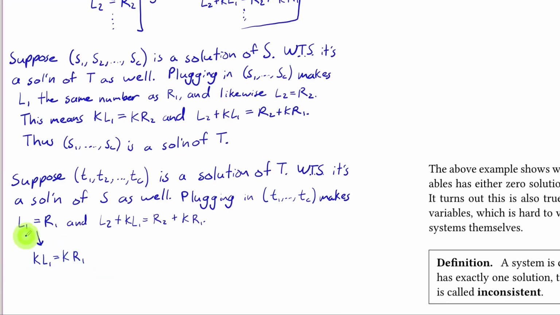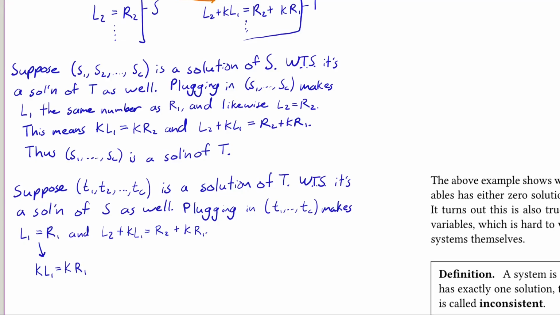And the fact that we have a solution of T means it's specifically a solution of the first part of T, and if you multiply both sides of that by the same number K, then those two numbers are likewise also going to be equal.